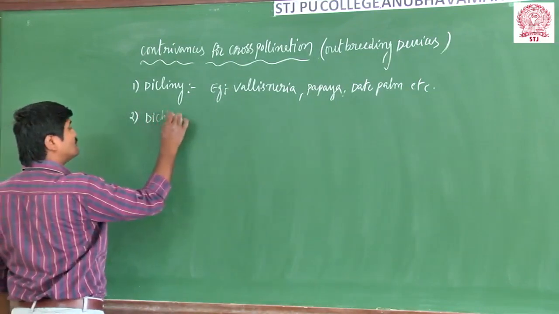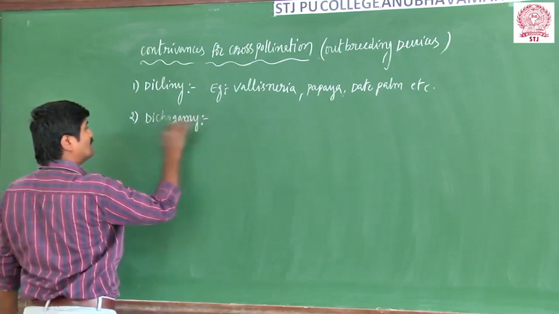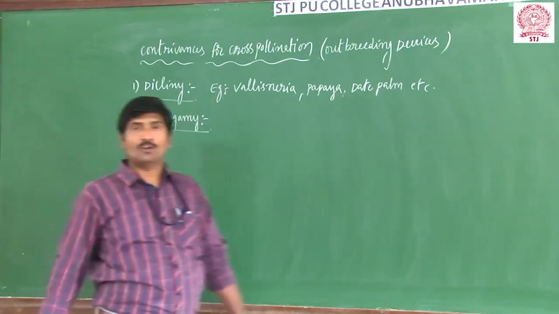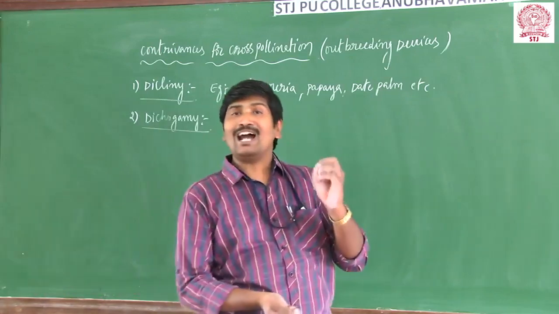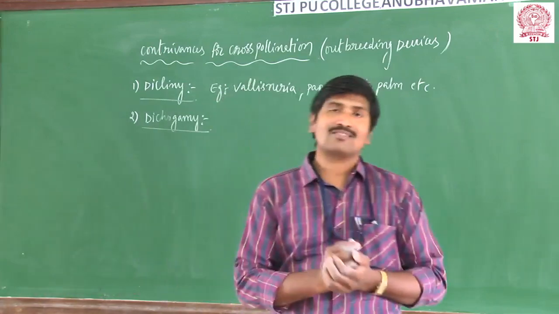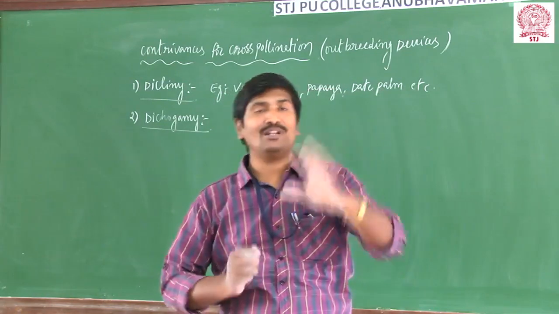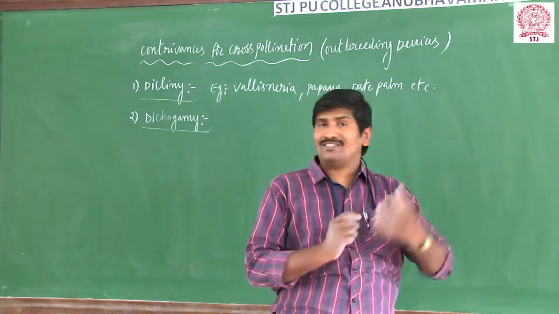Dichogamy. What is here? The dichogamy. The male and female sex organs are mature at different times in bisexual flowers. Most of the flowering plants are bisexual.